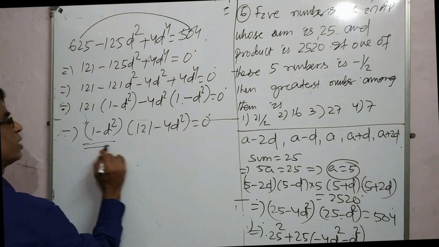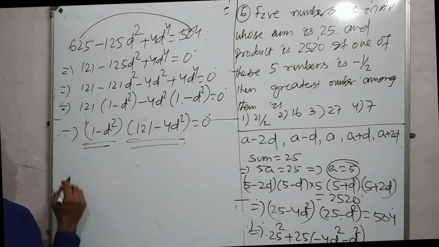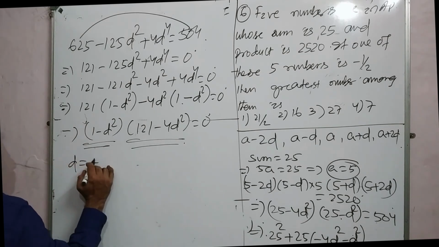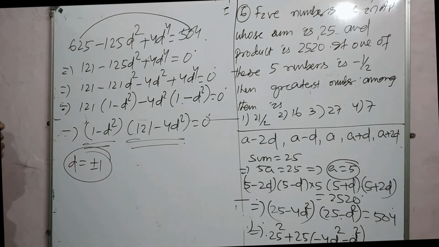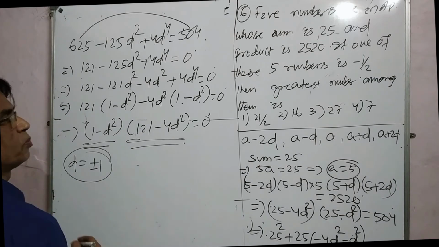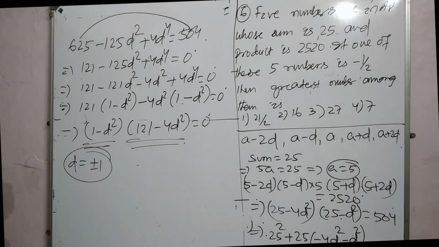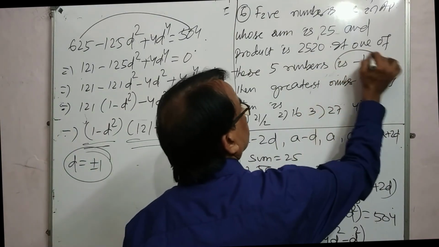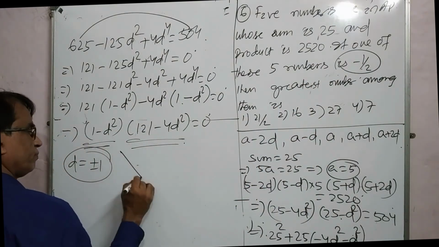So either this one is 0 or this one is 0. Now when you put d is equal to plus or minus 1, this does not give you the term minus 1 by 2. If you test it, it does not give you the number minus 1 by 2.